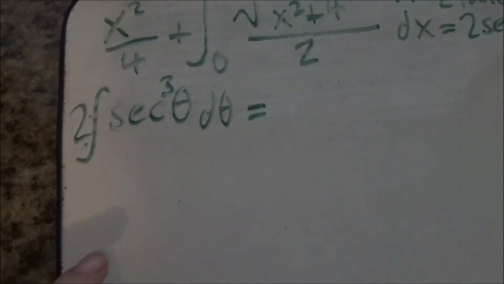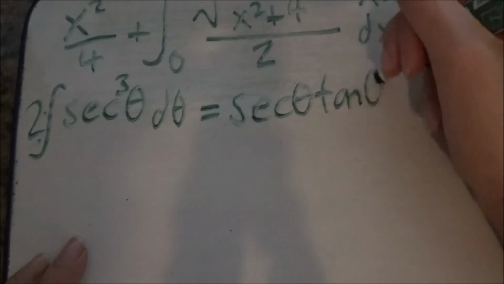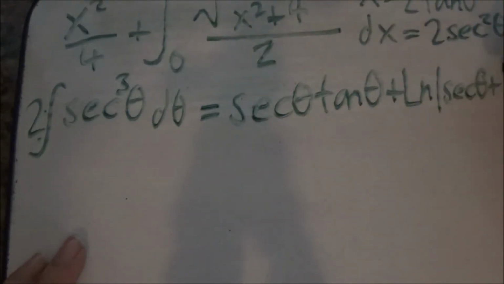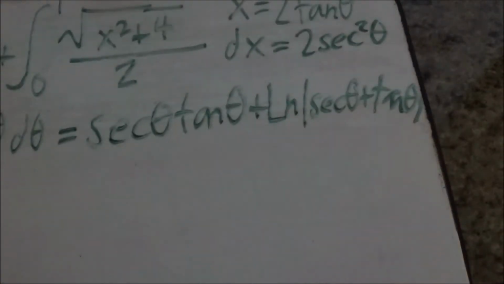If you are a speed integrator like me, that is an integral that you must memorize. So in this case, this is 2 secant cubed. This is secant theta tan theta as an answer.